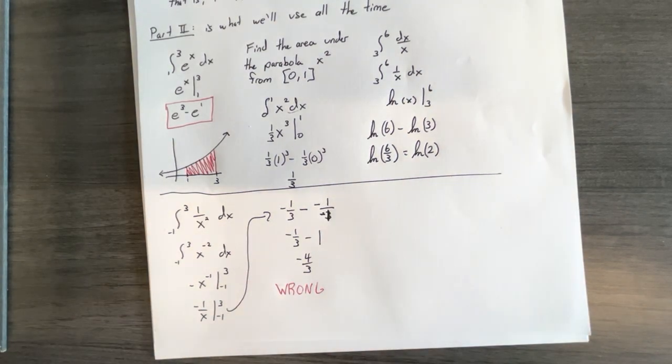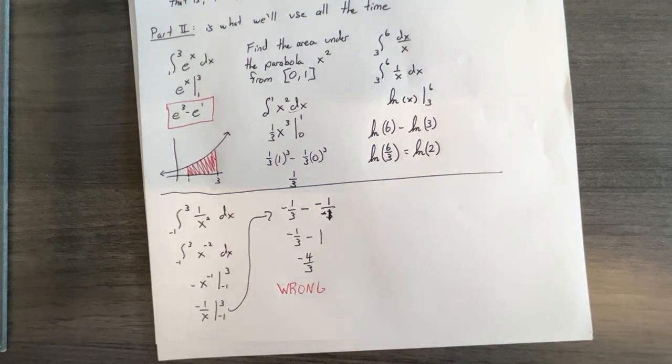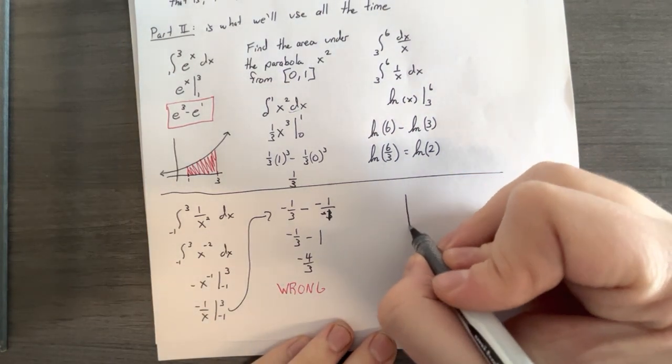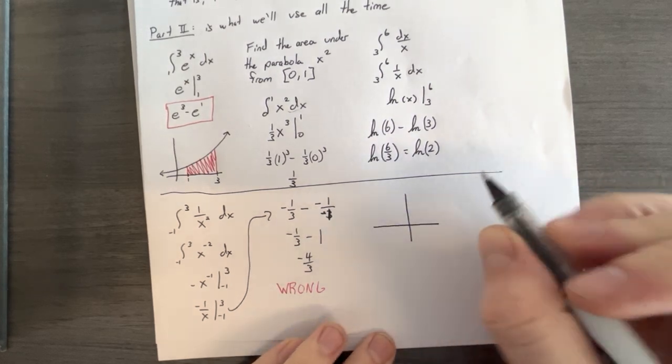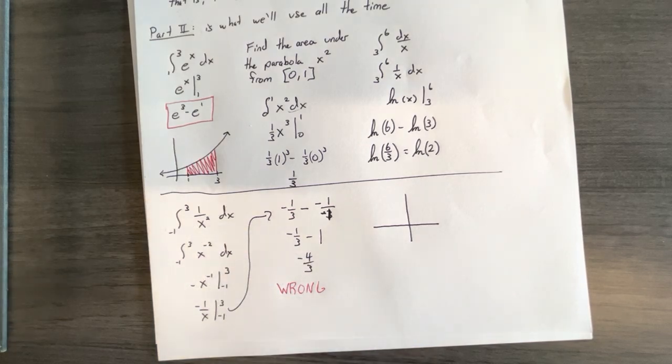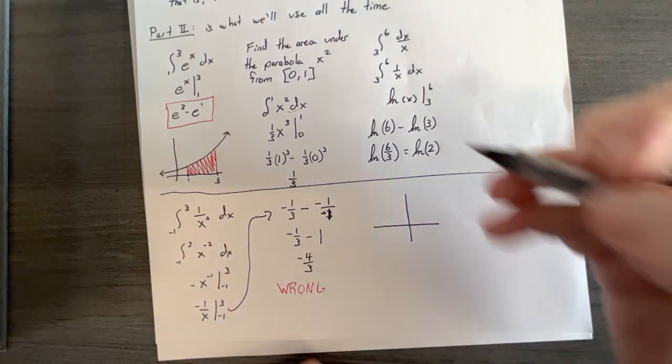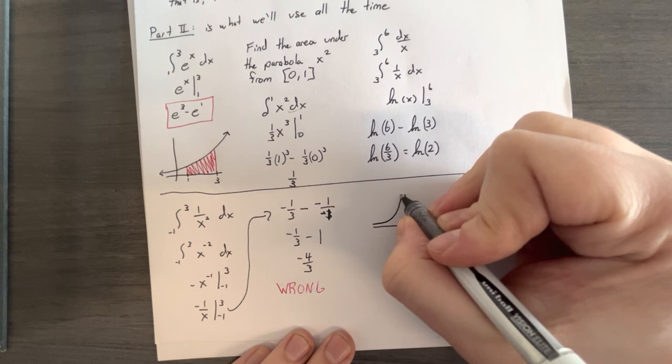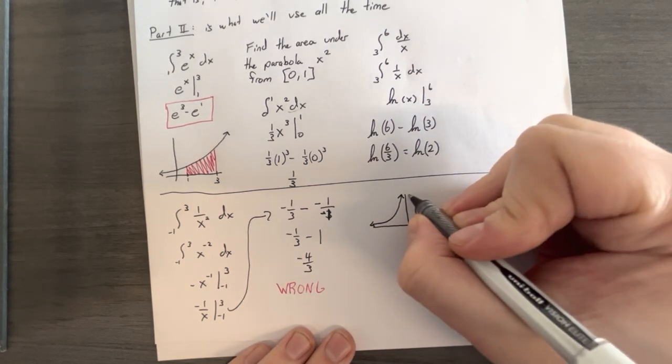Classic. Got you to write down the stuff, hopefully, even when I'm not there. Now, why is this wrong? We followed everything else we did here. I'm going to draw a graph of this to help us visualize it. Because remember, we're thinking area under the curve for this function. 1 over x squared, if you're trying to go through your brain and remember, this is what I like to call that volcano function.